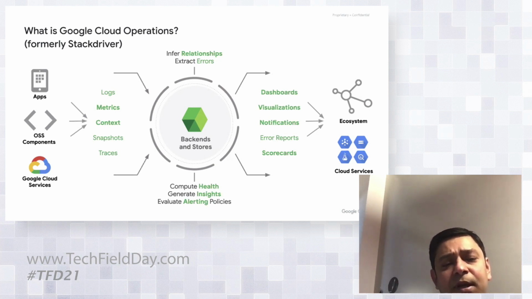So Stackdriver can consume logs, metrics, etc. from various input sources, and then it can infer relationships or extract errors or compute health, generate insights, and evaluate alerting policies on this collected data, and provide users with dashboards, visualizations, notifications, error reports, and scorecards.